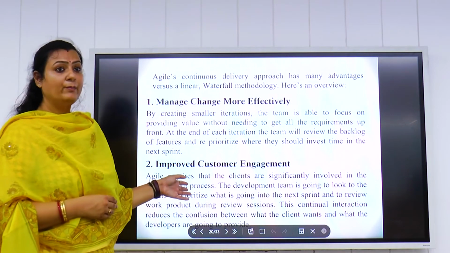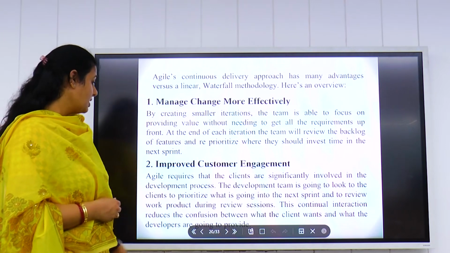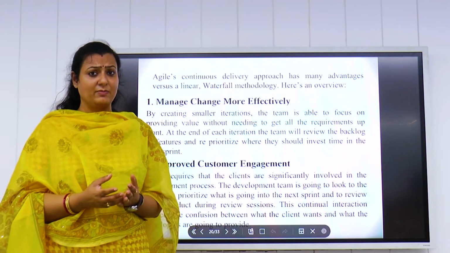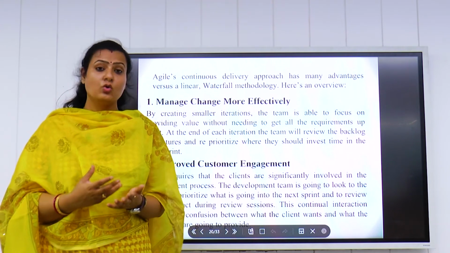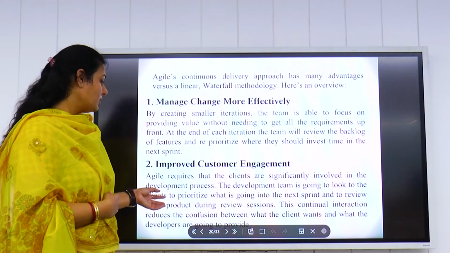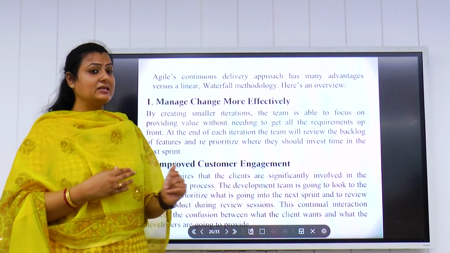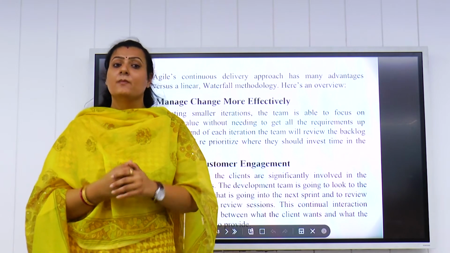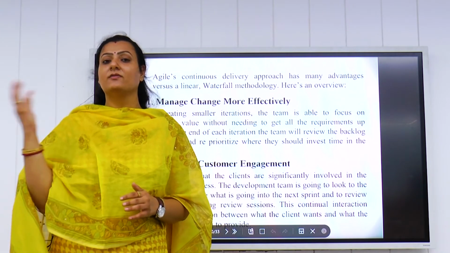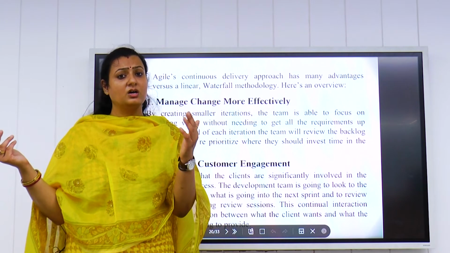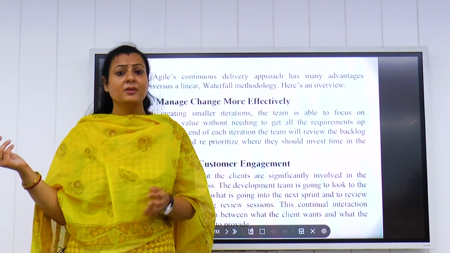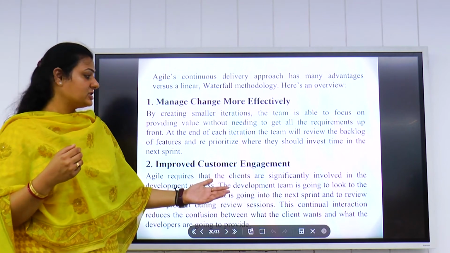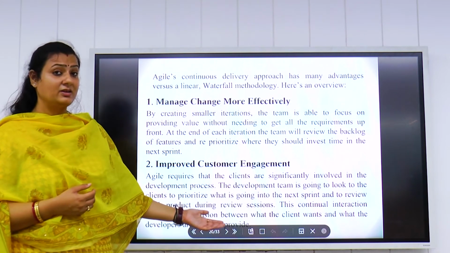The second one is improved customer engagement. The client should always be involved in the development process. The clients have a role too, because we are prioritizing the needs of the customer, and on the basis of that prioritization we are developing the product. If they want something in the next sprint, then we have to prioritize it with high priority.